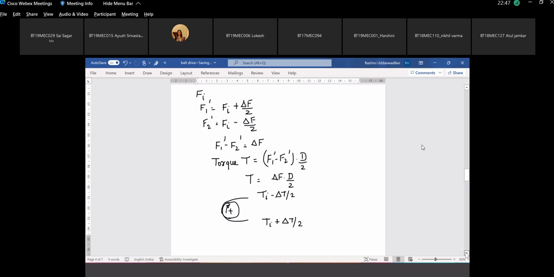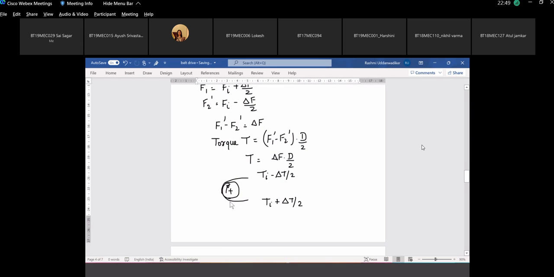So the extension on the tight side of the belt, if it is rotating like this, this is the tight side, this is the slack side. On the tight side, there is continuous extension of the belt, and on the slack side, the belt is getting squeezed or compressed.